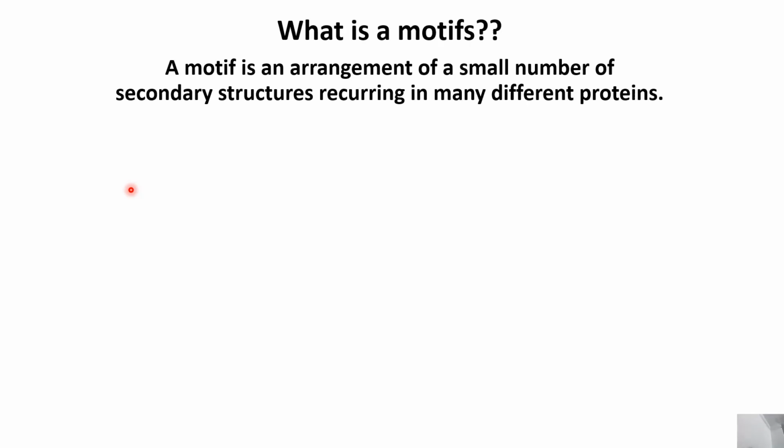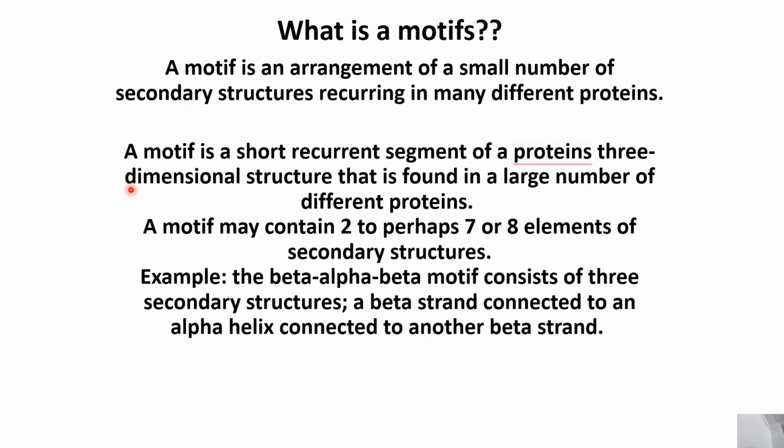So, a motif is an arrangement of a small number of secondary structures recurring in many different proteins. A motif is a short recurrent segment of a protein's three-dimensional structure, very important, that is found in a large number of different proteins.